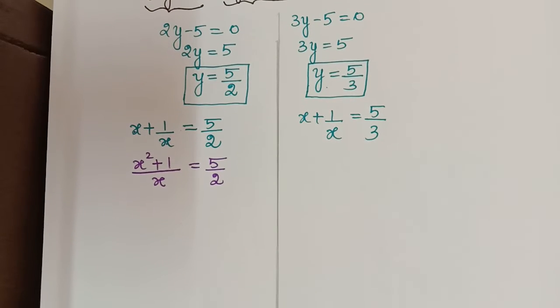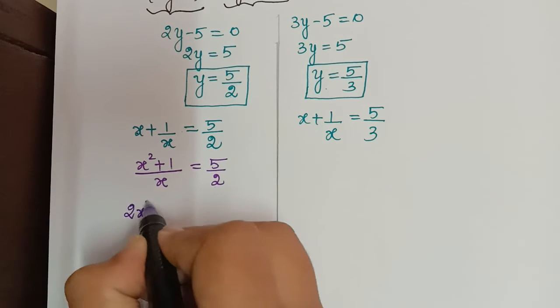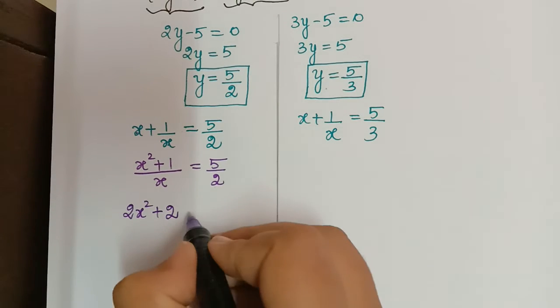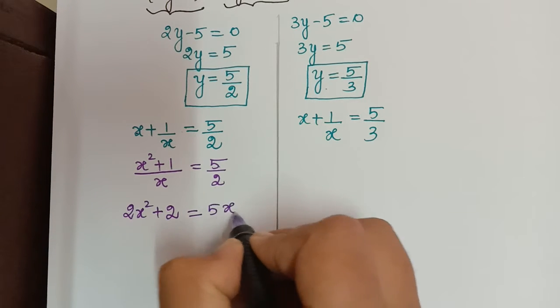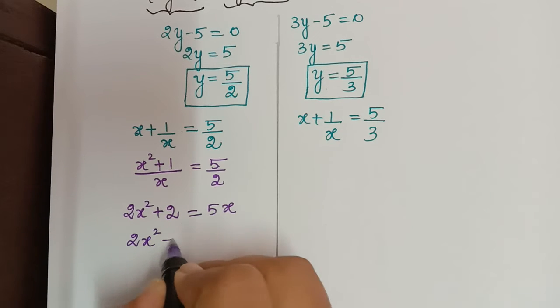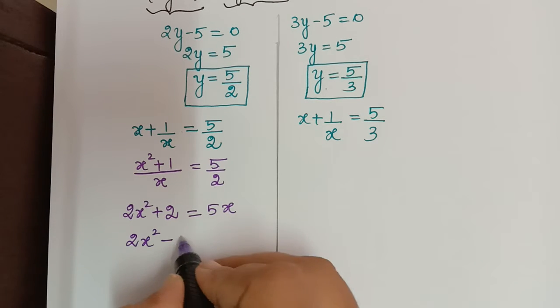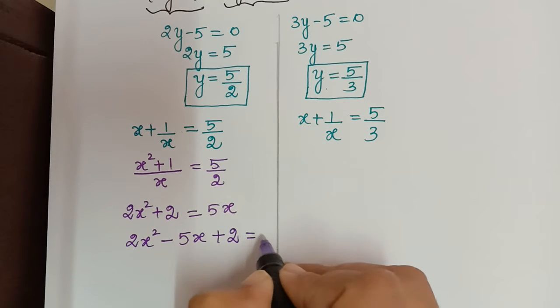So what we will be getting, this 2 will be multiplied with this, and we will get 2x squared plus 2 is equal to, this x gets multiplied with 5 and we get 5x. And so this equation can be written as 2x squared, bringing this 5x to the left hand side, it will become negative 5x plus 2 is equal to 0.